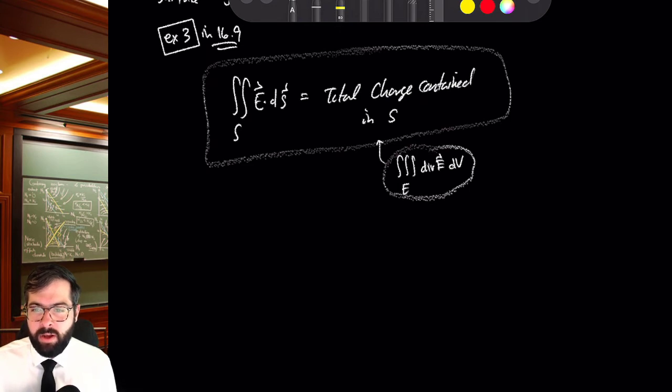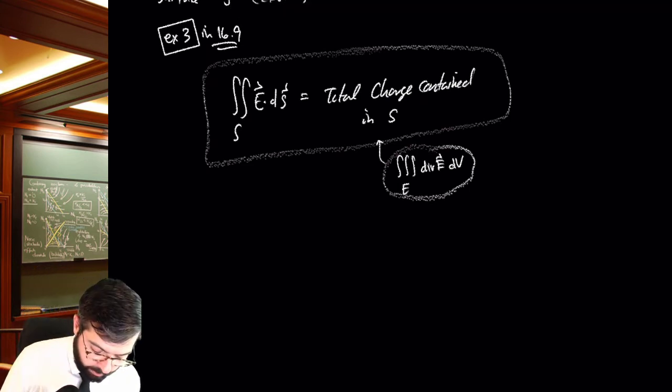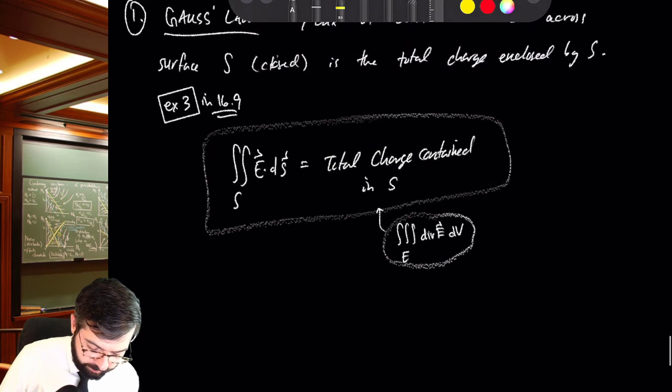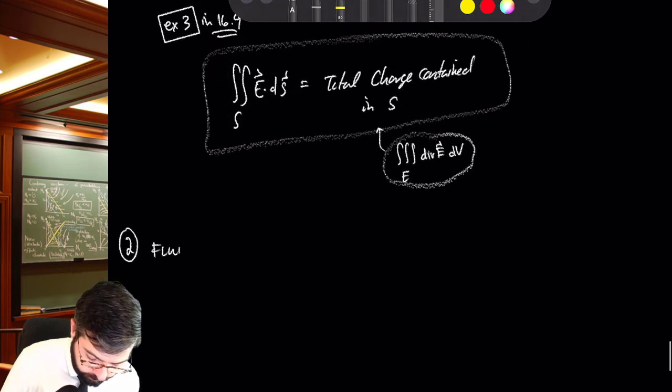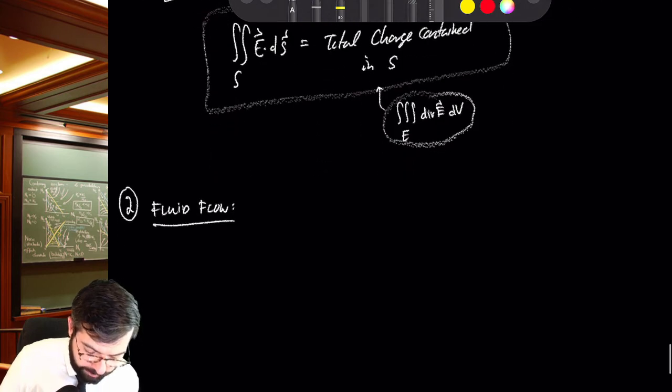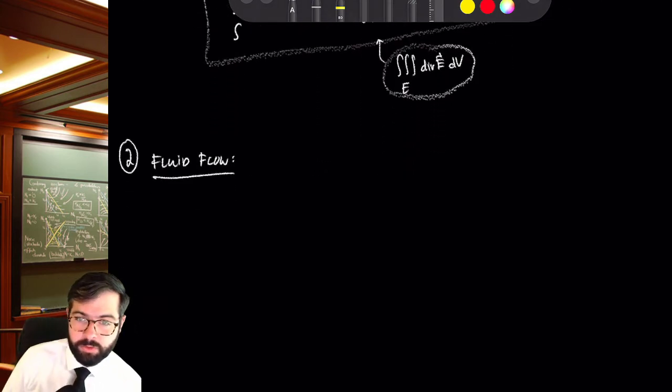One that we can unpack a little bit more is in terms of fluid flow, and see a little bit more why we call divergence divergence.